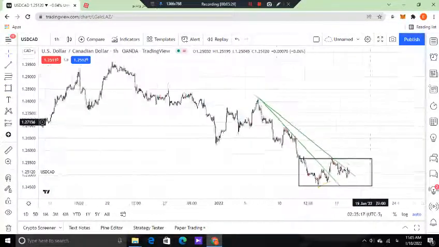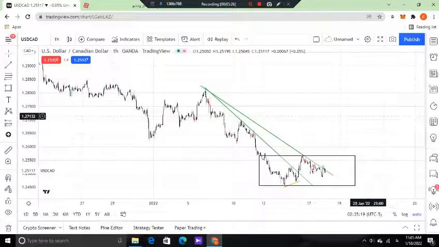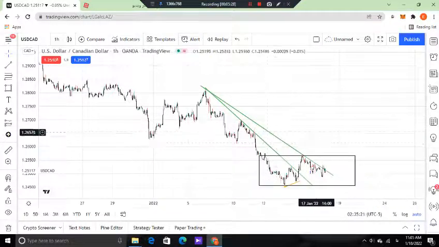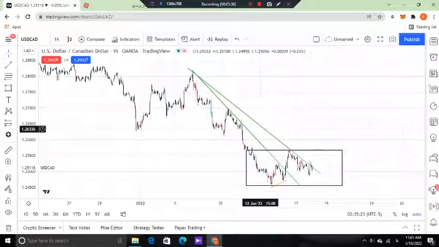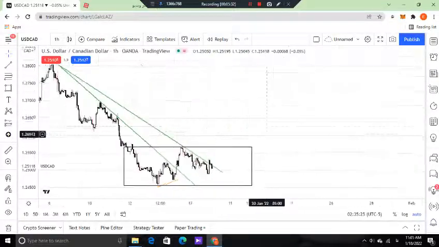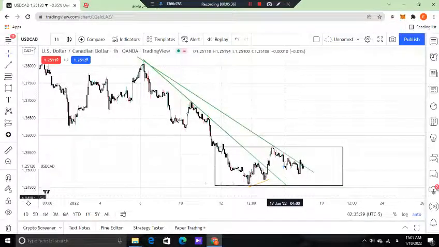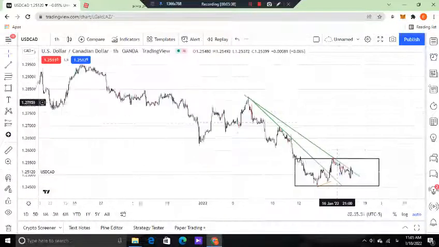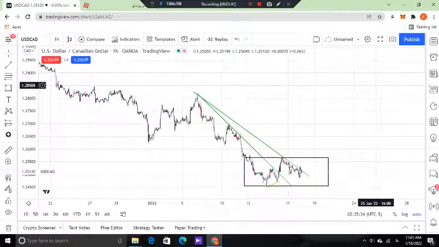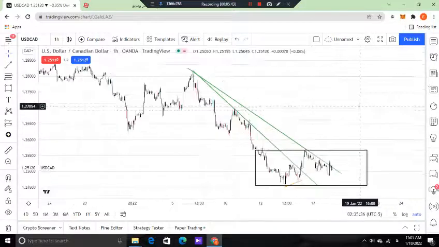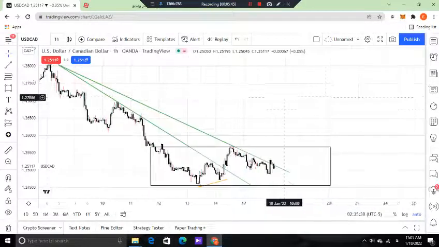It's more likely that after a breakout beyond the trend line we see a trading range than the opposite direction, a complete reversal and change of direction.